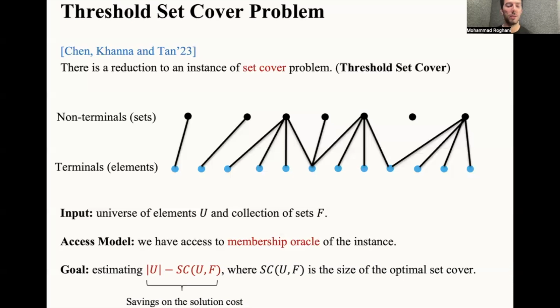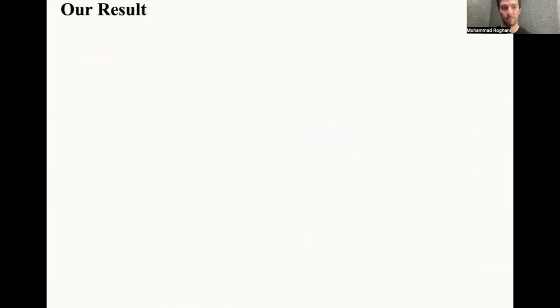So what we are interested in is to estimate the size of the universe minus the set cover solution. We are also allowed to have some epsilon additive error, and we want some constant approximation for this problem to fit the approximation in the Steiner tree problem.